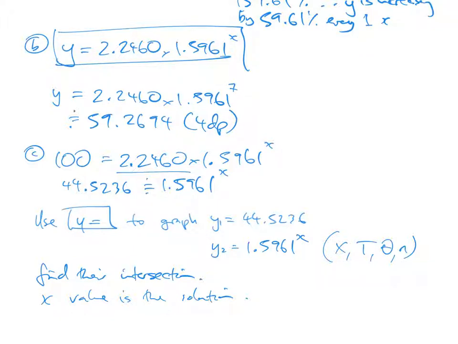Once you've got the intersection on the screen, press second and then the trace button. Scroll down to 5, intersect. Tell it where the two lines are. It calls them curves. And then you tell it to guess, and it tells you the intersection is x is equal to 8.1187 to 4 decimal places.